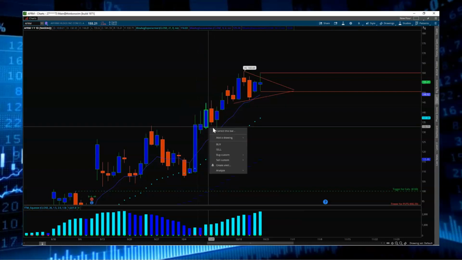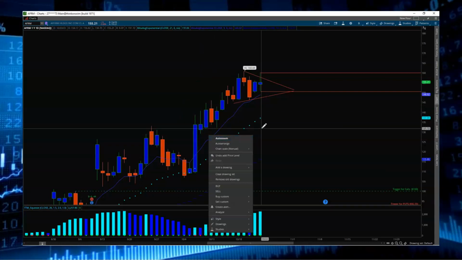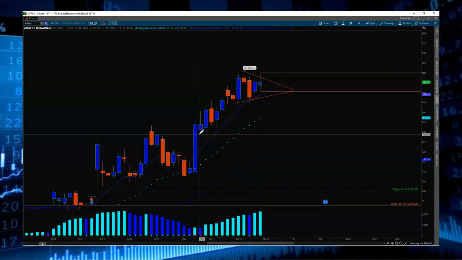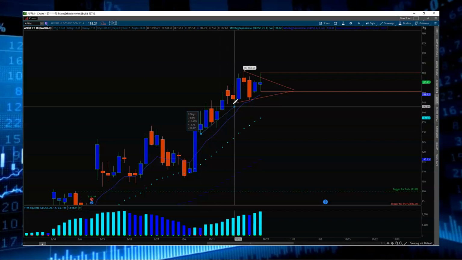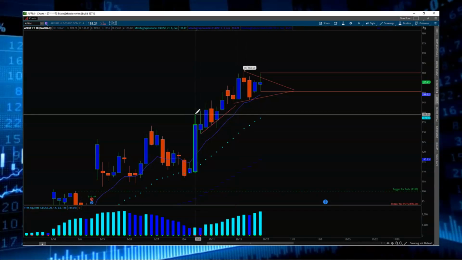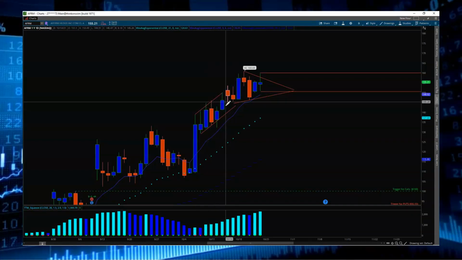Sometimes I just use traditional lines. It doesn't have to be the traditional support and resistance. It'll move in a channel, you know what I'm saying? So that's also support and resistance.